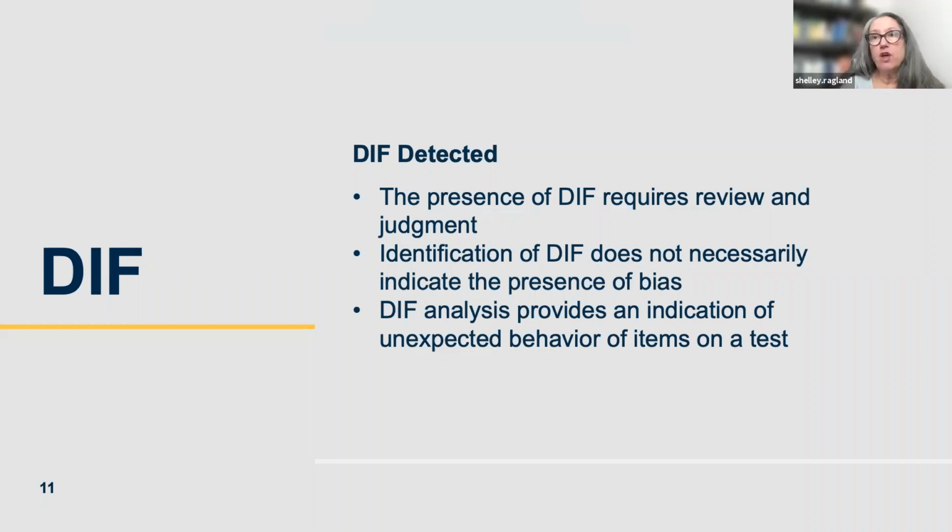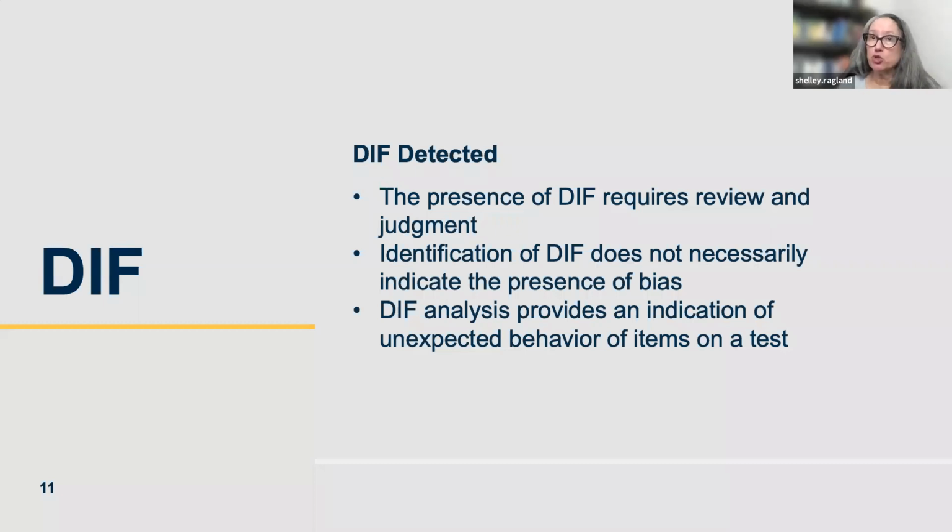The presence of Diff requires far more than a statistical program run. It requires review and judgment by the people that are using the items, namely the content experts, course instructors, and those folks who have the ability to make a judgment about the item. Because the identification of Diff doesn't necessarily identify bias.